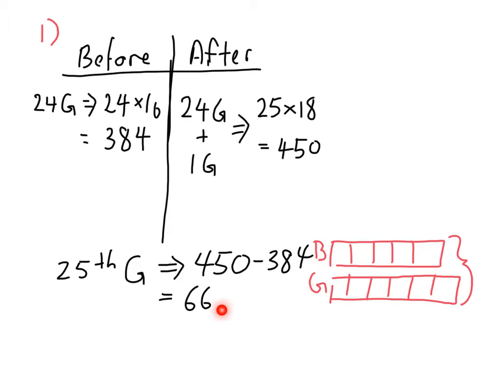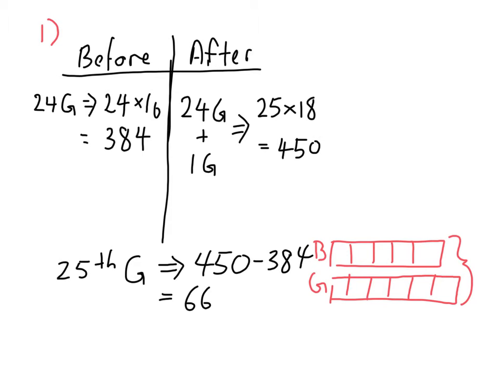You all know why 66? You read your question. The number of boys to girls who had just joined. That means this 66 of them. The ratio is 5:6. Everyone understand?